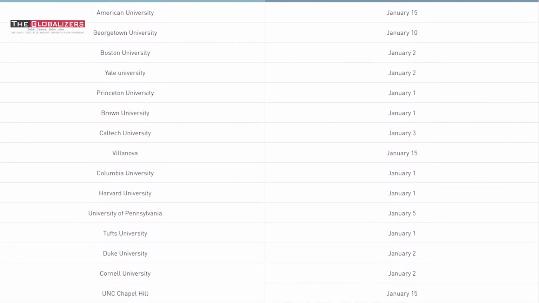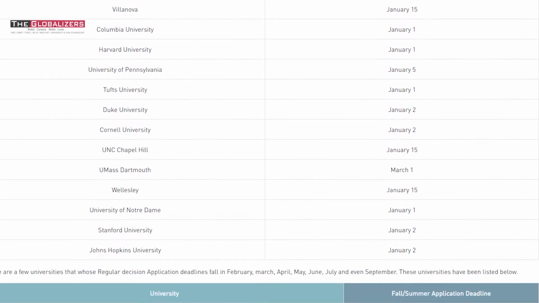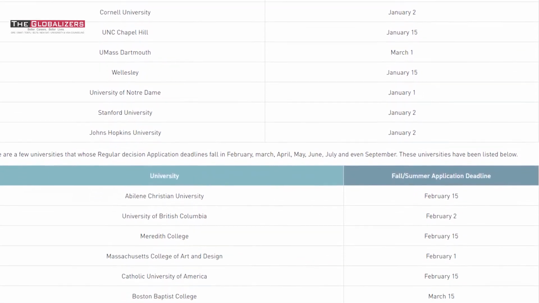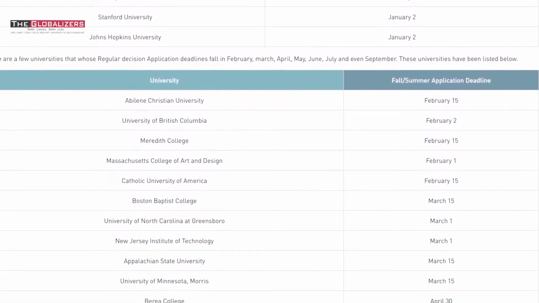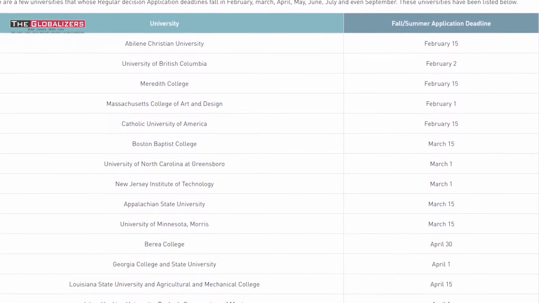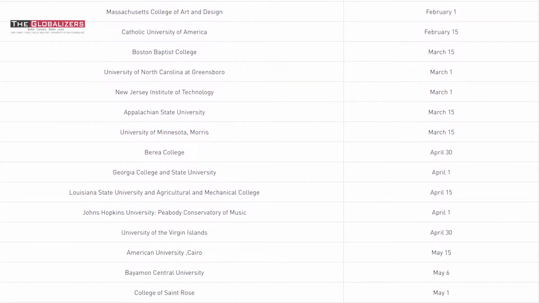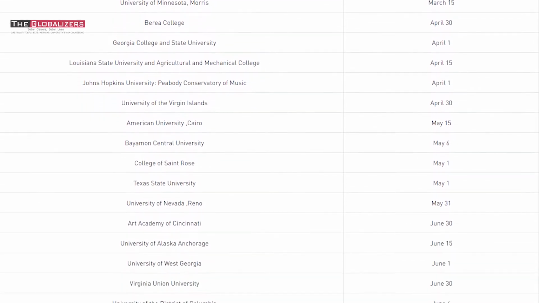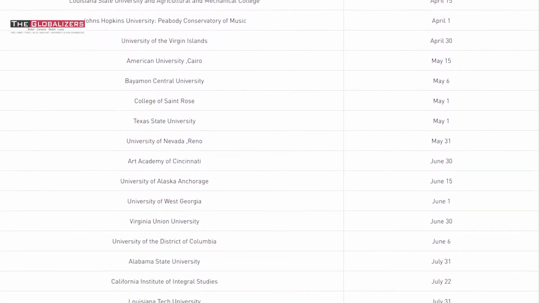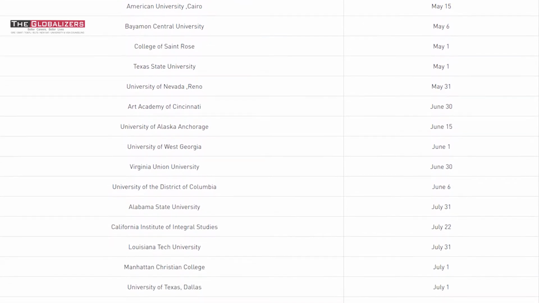Some universities have deadlines as early as 15th of November or 1st of December, and then some are at 15th of December, some are at 1st January, and this continues till the month of March or April, or even some universities have a deadline in May. To some extent it is true that some of the high ranked universities would have deadlines around 15th of December or 1st December, but that's also not entirely true.